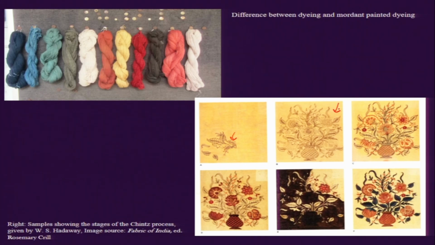In this one the entire drawing of this flower vase has been done, and in the third one the mordant has been painted, and it is developed slightly with pale reddish tones, and then on the reddish tones the brownish tones have also appeared. All of them happen because of this repeated mordanting and then boiling in the dye solution, bringing it back to the workshop, then mordanting again, then again boiling it. So this is how this mordanting technique works.